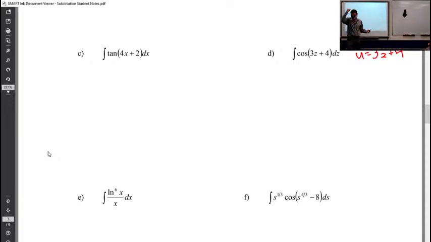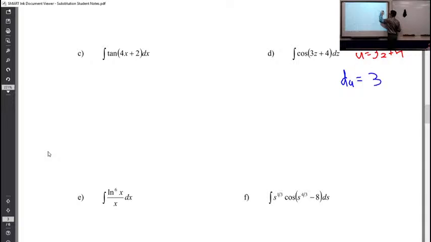And if I'm thinking ahead here, what's going to end up happening is that instead of cosine of 3z plus 4, we're instead thinking about cosine of u. That's our goal. Now we need to figure out what du is going to be. du equals derivative of 3z is just 3, and then derivative of 4 is 0.